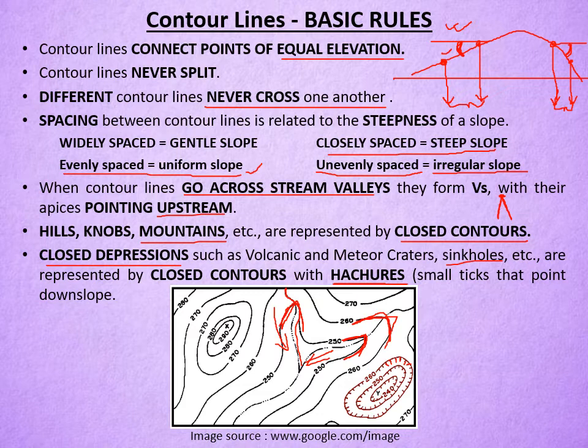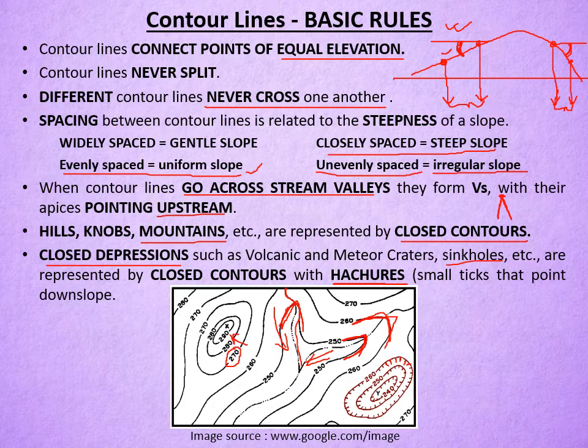As well, if you observe the contour line values, you can also get an idea about the original feature. You can see that the altitude values of the contour lines for these mountains increase towards the center of this closed contour pattern.